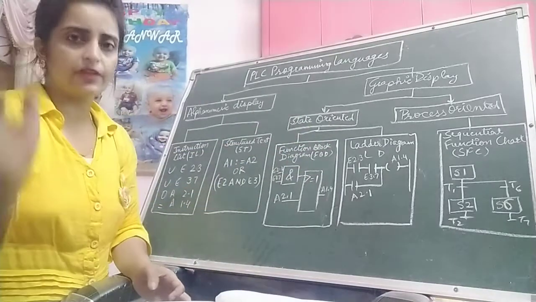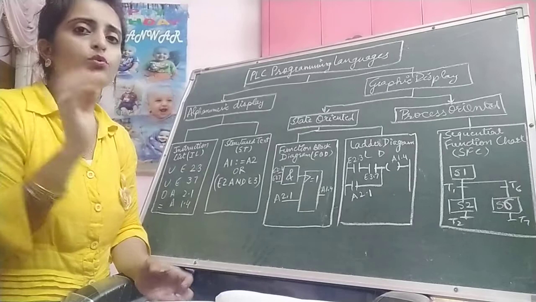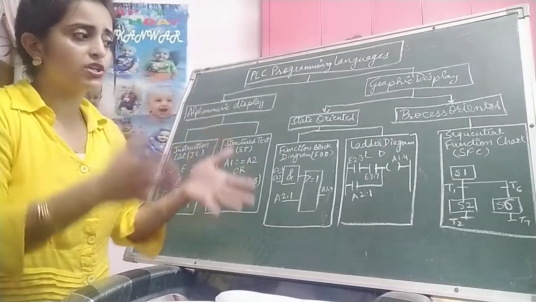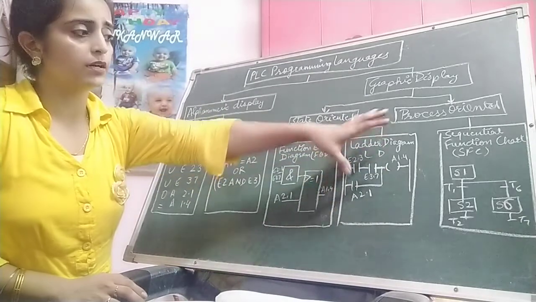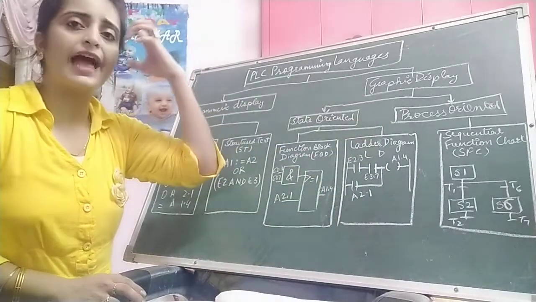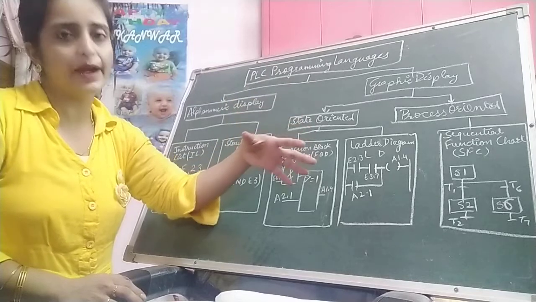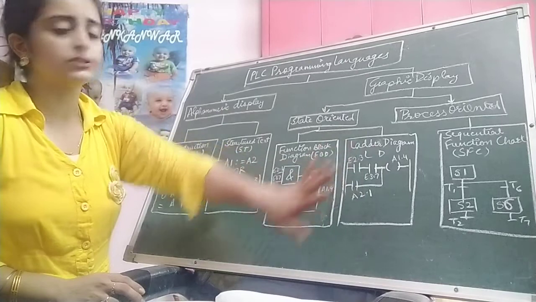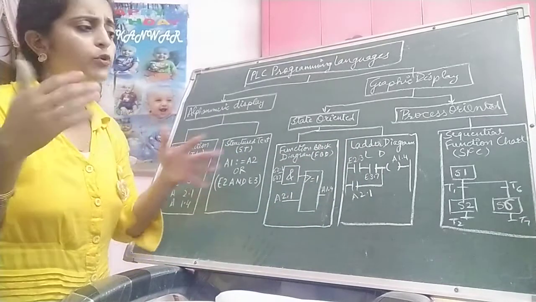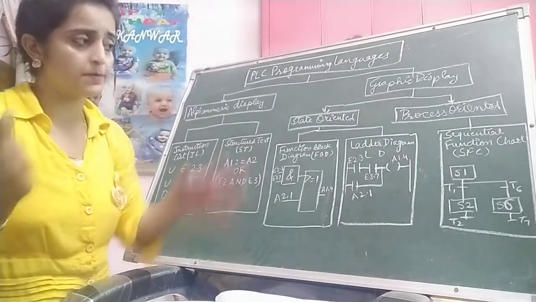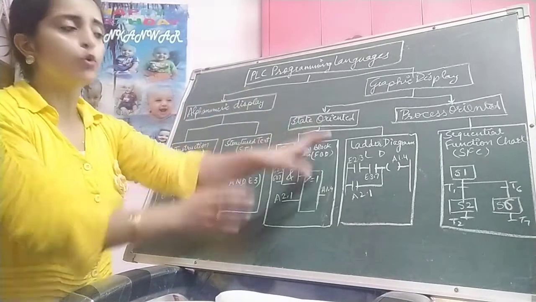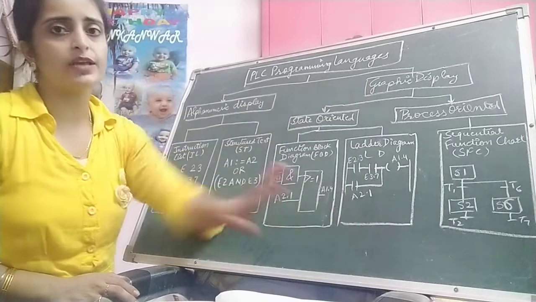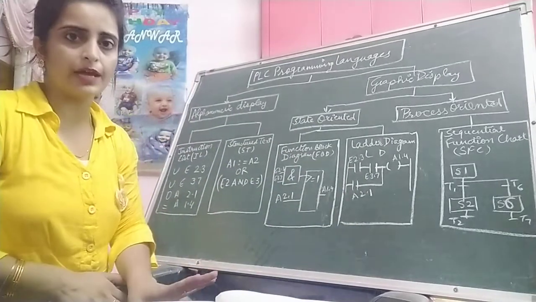If any electrician or any person who knows about the electric things, who knows about the relay logics, he or she can do this ladder diagram programming along with those logics in their mind. So it is also a low level graphical language, but it is not suited for programming complex instructions, but still it is the most popular diagrammatic graphical display language that we are using nowadays for programming our PLCs.